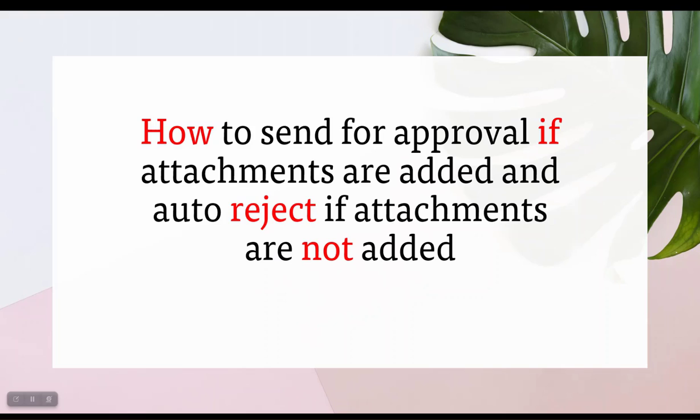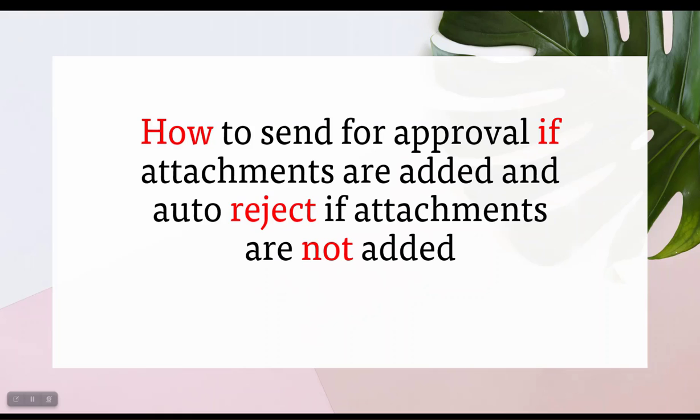In this topic I will talk about how to send a GL journal for approval if attachments are added, and if an attachment is not added, an auto reject will be raised. For example, I'm going to create a GL journal. There is one attachment.